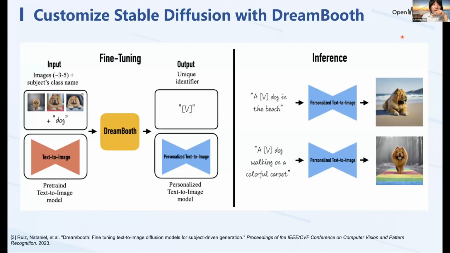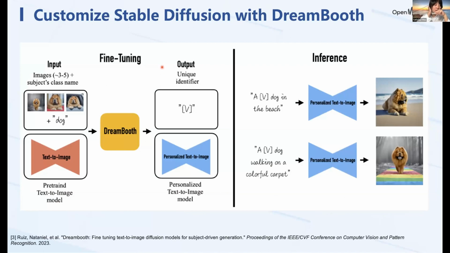And then the third example is to customize Stable Diffusion with DreamBooth. DreamBooth is the work to fine-tune text-to-image diffusion models for subject-driven generation.